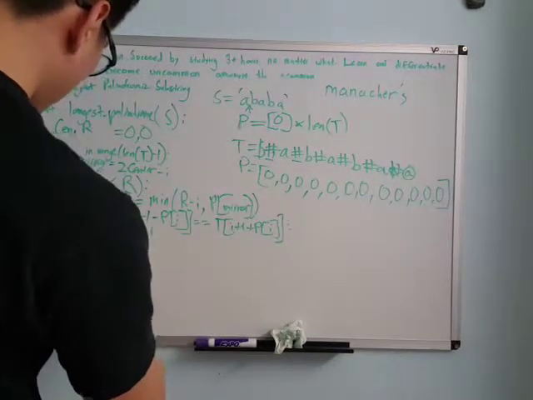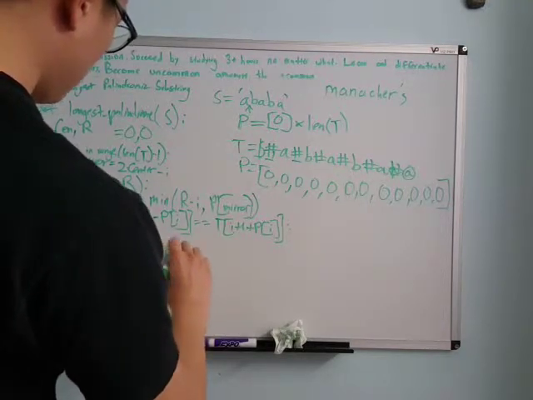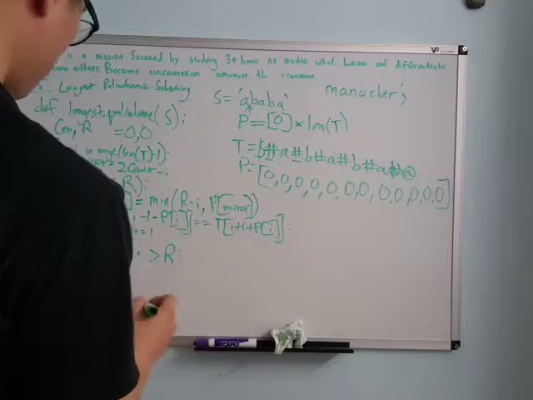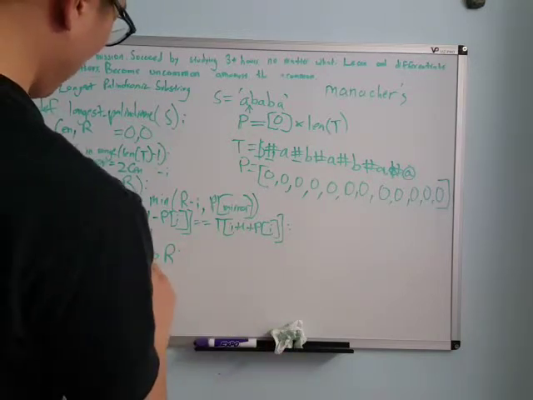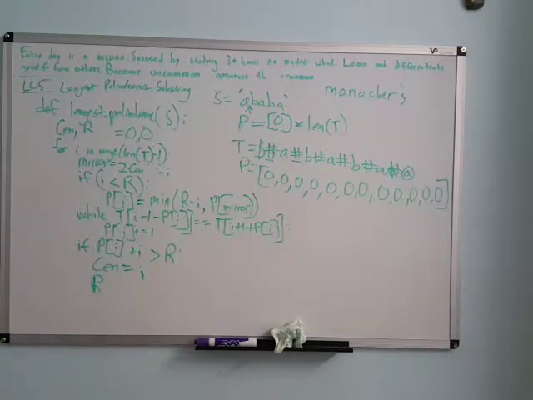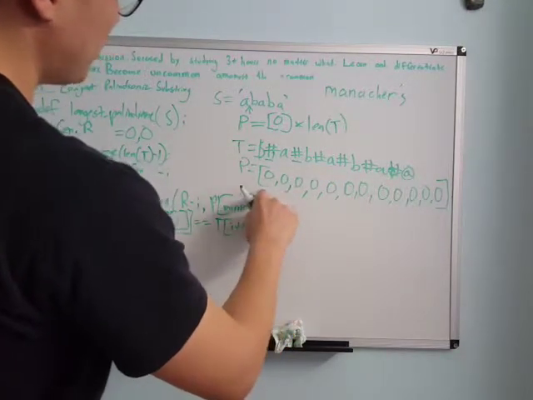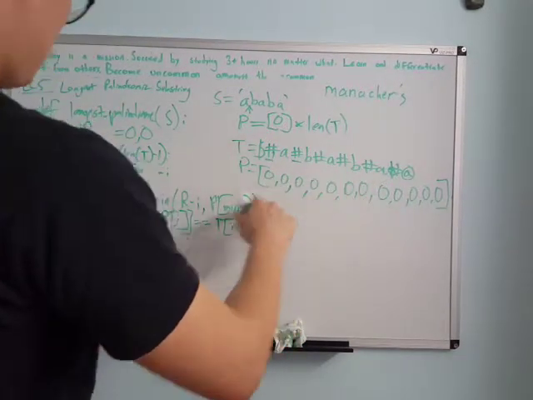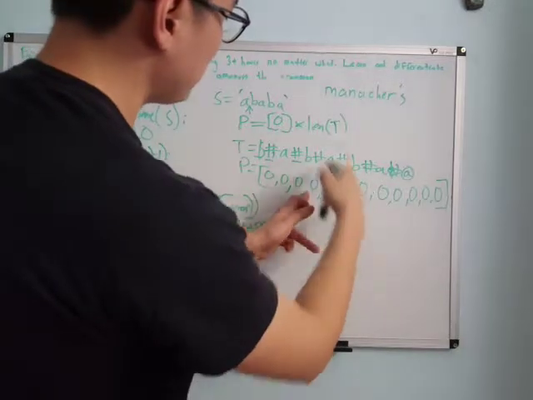So I think it should be if P[i] plus I is greater than R, we'll set C, center, equal to I, and then R, right, we're doing P[i] plus I. Let's say this is I, and then we're moving P[i] times, this is going to have P[i] times the palindrome length, and the right border should be that length plus that index.